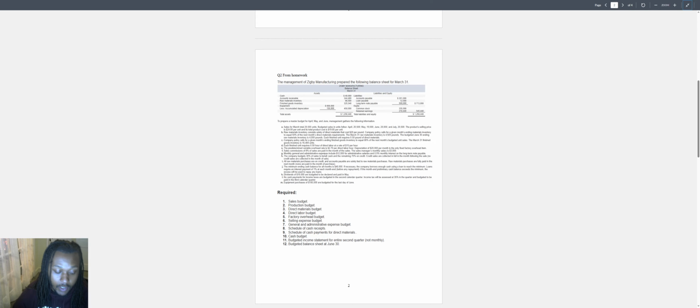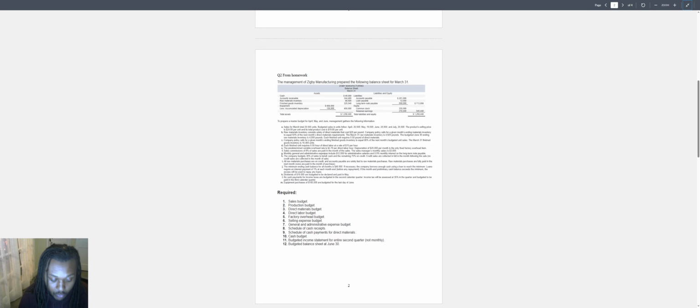As far as administrative salaries for April, you're going to have 12,000, and the interest for April is going to be 4,500 across the board because we multiplied that $500,000 by that 0.9. It gives you 4,500 a month for April, May, and June, which is a fixed number. So at the end of the quarter, that totals to 13,500.